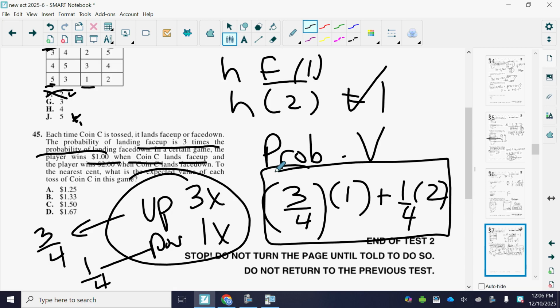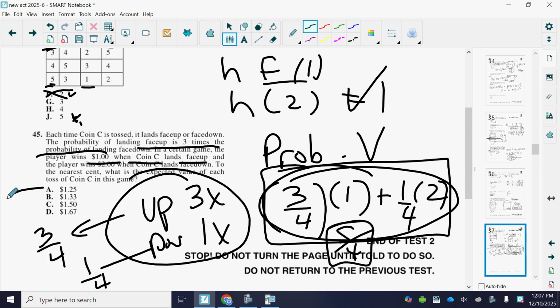If I say I'm twice as likely to pass the test as fail the test, that would mean what? 2 out of 3 times I'm going to pass, and 1 out of 3 times it's going to fail. This one's 3. So this would be 5/4. Put that in your calculator. You'll get 5/4, which is $1.25.